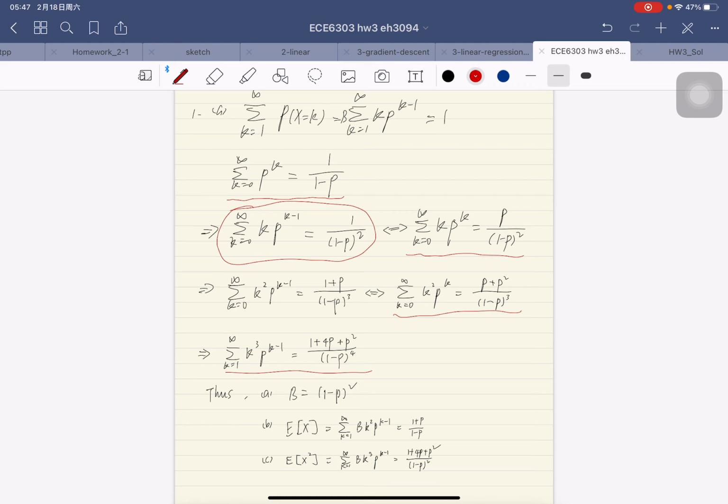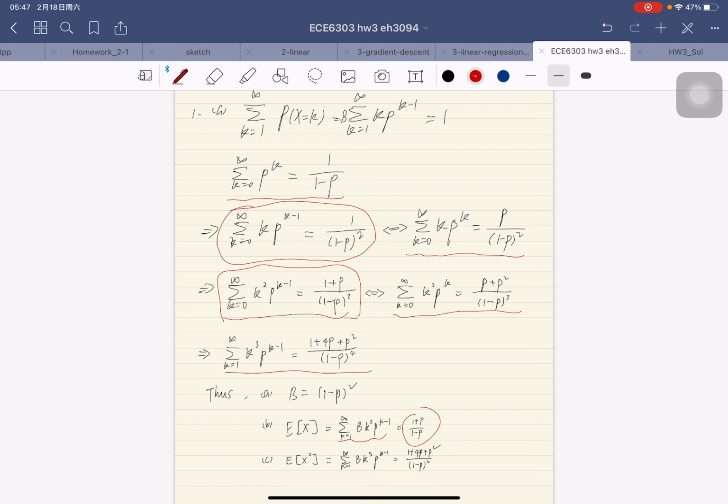So the expectation should be b multiplied by k squared and multiplied by p to the power of k minus 1. And since we have this result, and we know that b equals (1 minus p) squared, the expectation of X should go to (1 plus p) over (1 minus p).